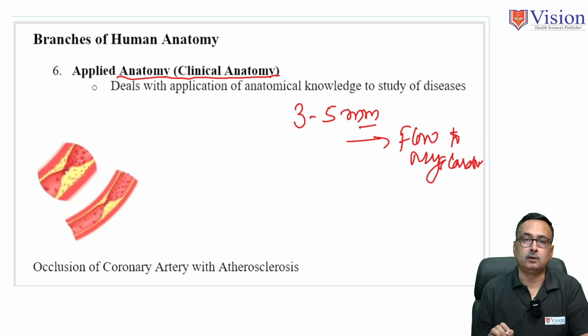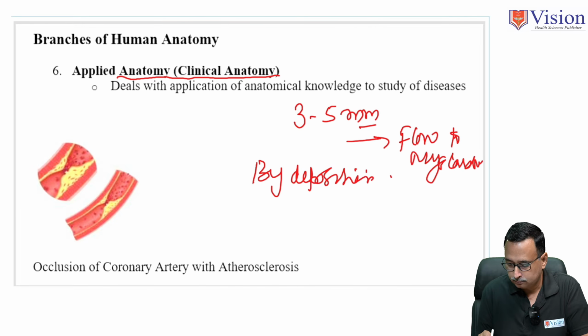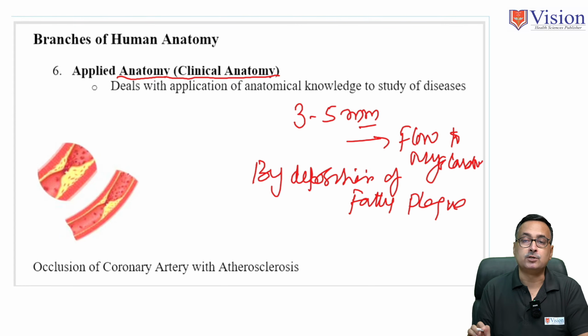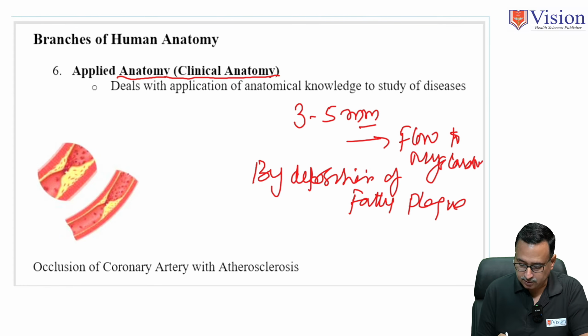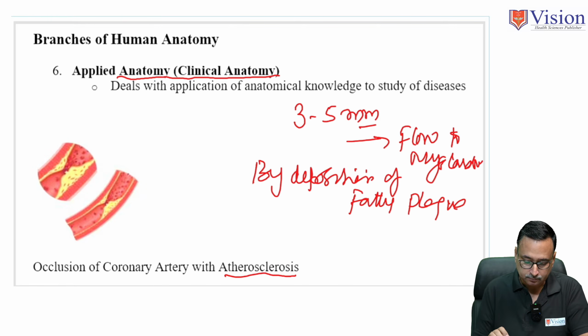In case of narrowing of this diameter due to occlusion of the coronary artery by deposition of fatty plaque, which we call atherosclerosis, blood flow to the myocardium is reduced, leading to development of coronary artery disorders.